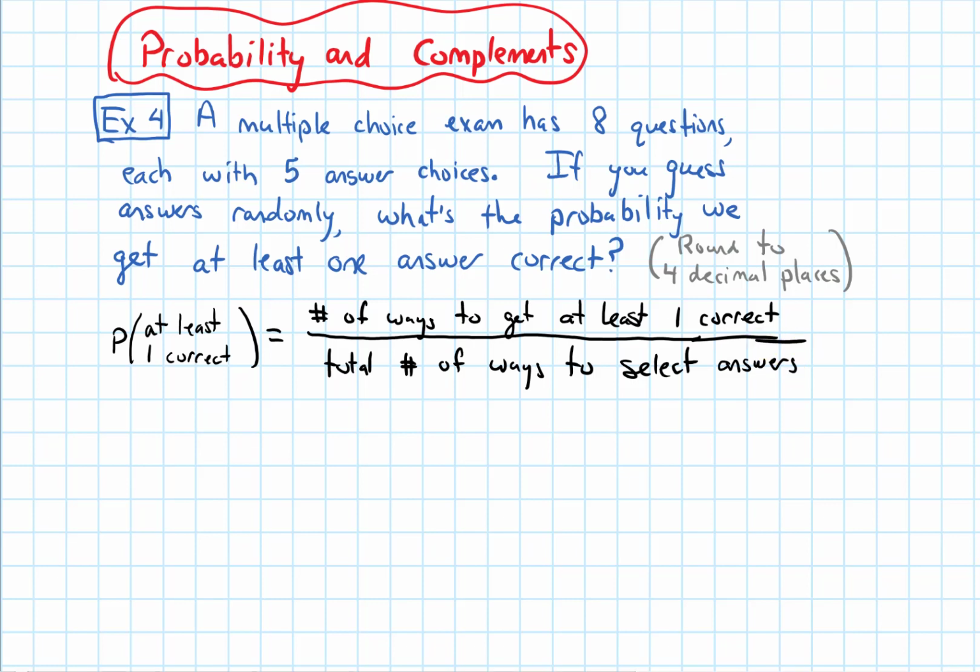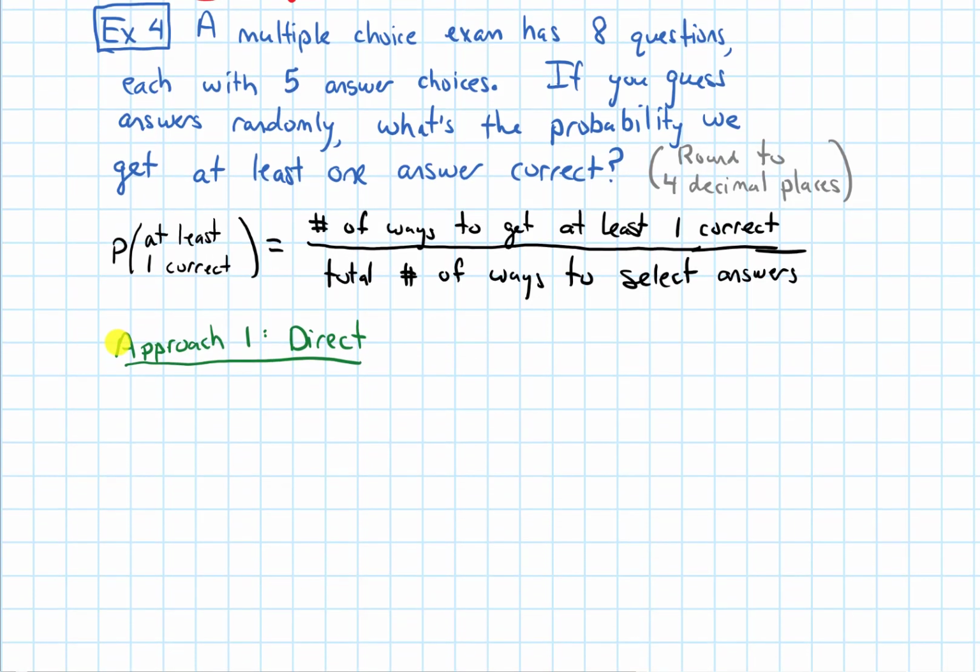All right, so I want to talk about 2 approaches to this. The first approach, approach 1, I'm going to call the direct approach. If we approach this directly and think about how I could get at least one answer choice correct, we run into cases, because getting at least one answer correct could mean maybe we get exactly one answer correct, or maybe we get 2 correct.